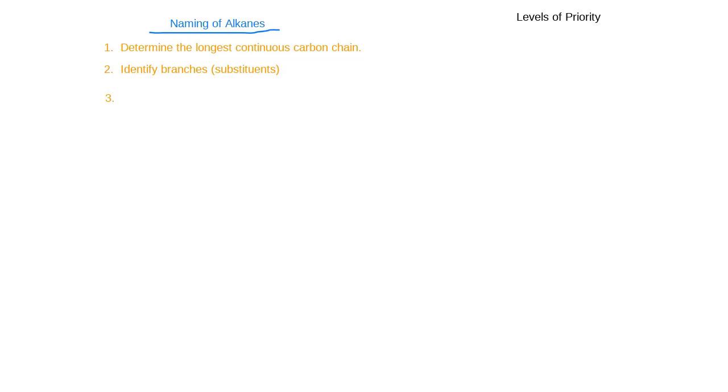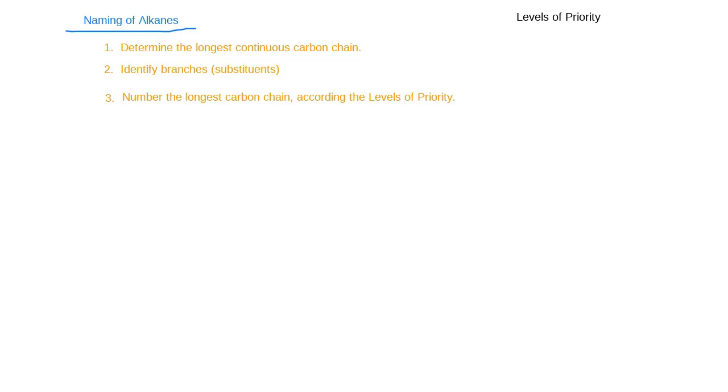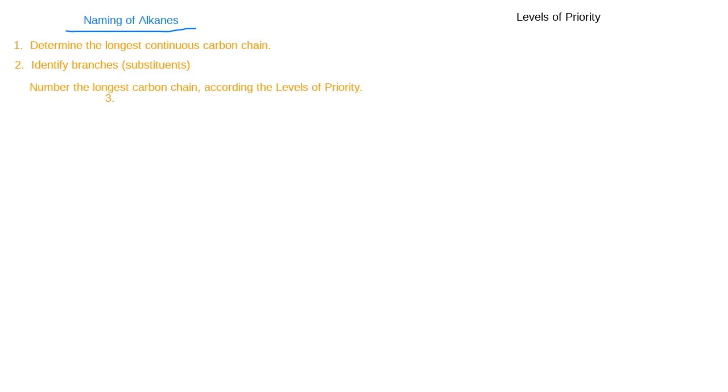All right, so that gives us a nice little segue into what I wanted to talk about with regards to priority. Okay, there we go. So the levels of priority.